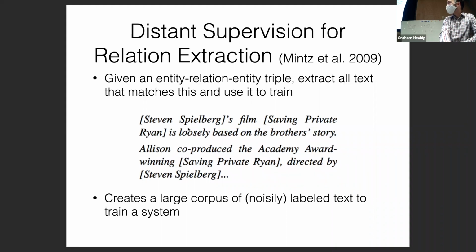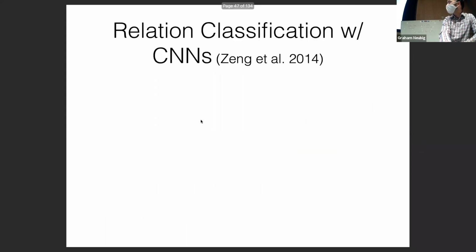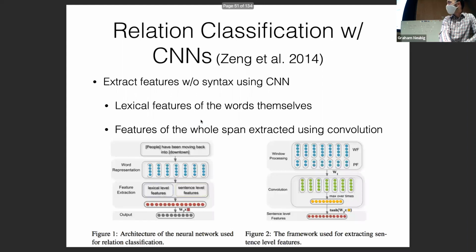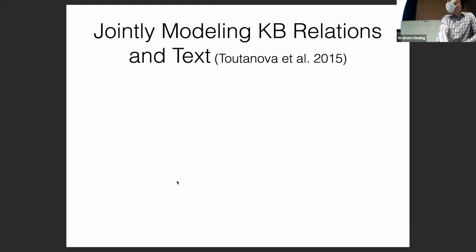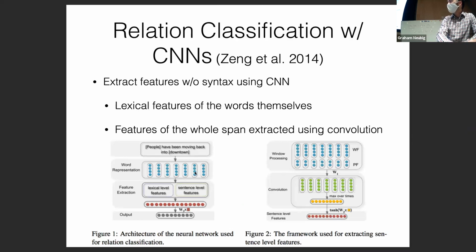So this is a very common way of training relation extractors, and then we basically need a model to classify them. Actually, I had some slides about how you do this with CNNs. Now you just do it with BERT. I'll skip the slide here.